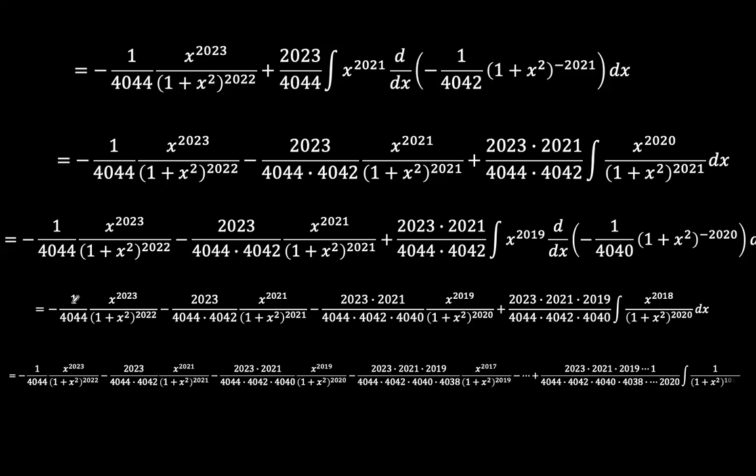The first is negative 1 over 4044 times x to the power 23 over (1 plus x squared) to the power 22, minus 2023 over (4044 times 4042) times x to the power 21 over (1 plus x squared) to the power 21, minus 2023 times 2021 over (4044 times 4042 times 4044) times x to the power 19 over (1 plus x squared) to the power 20, minus, and so on, until we hit this point where we only have the integral of 1 over (1 plus x squared) to the power 1010.